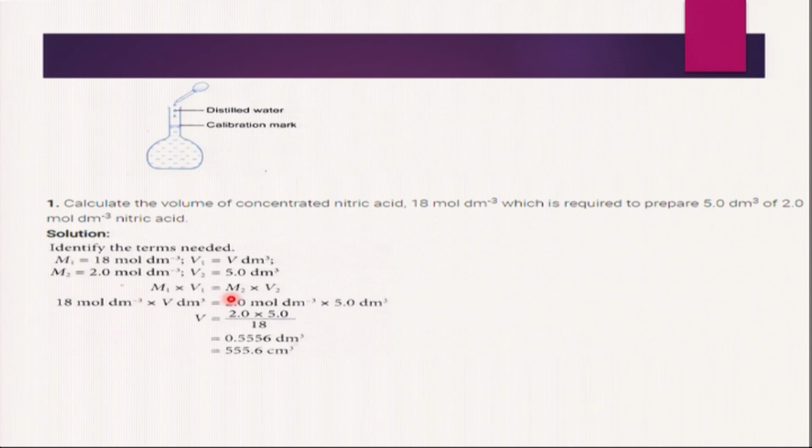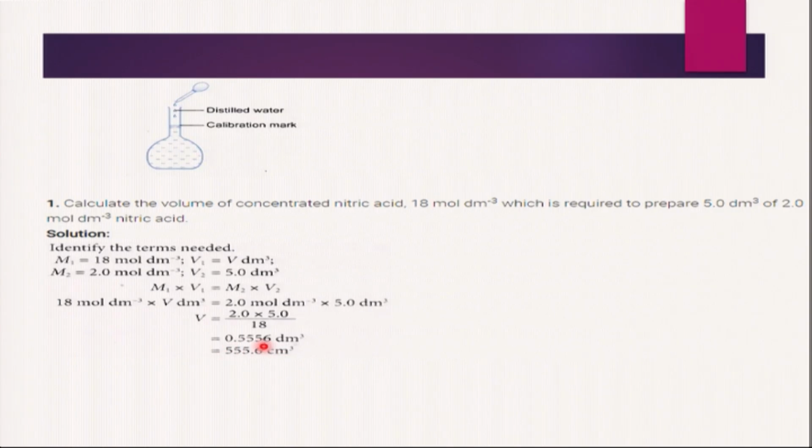So using the same relationship, you substitute in M1V1 equals M2V2. Then you will get the volume in decimeter cubed, and then finally change it to centimeter cubed. When you change it to centimeter cubed, then you will be able to measure.